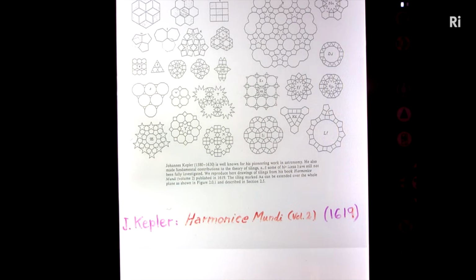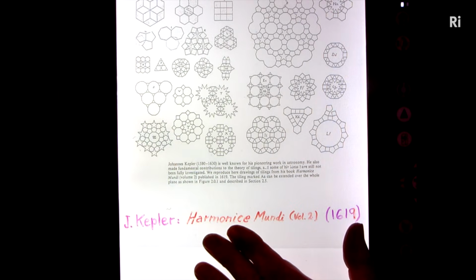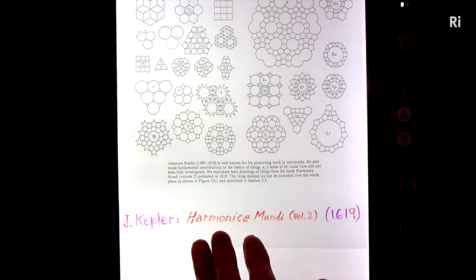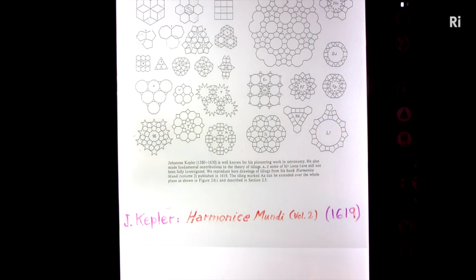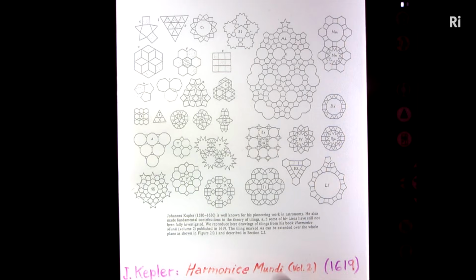However, if you go a little bit more recently than these ancient Islamic things, namely to 1619, then we find in the works of Johannes Kepler, the famous astronomer, in a book he wrote called Harmonices Mundi, these fascinating pictures.